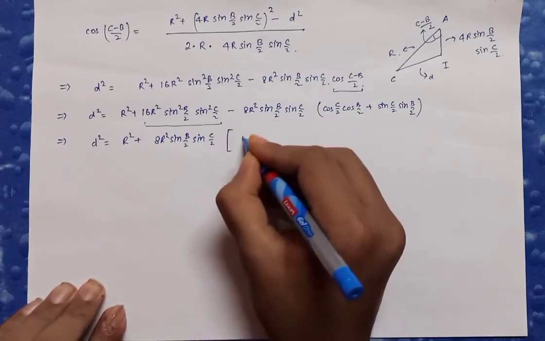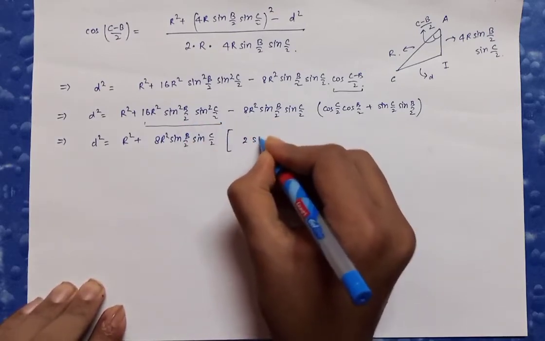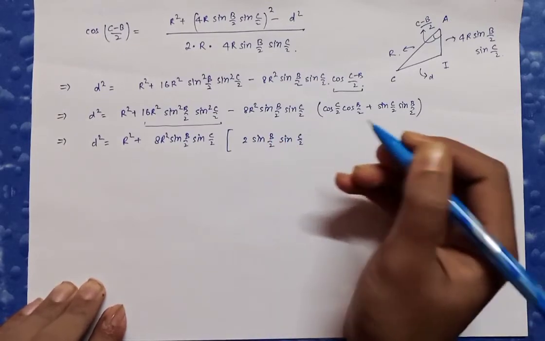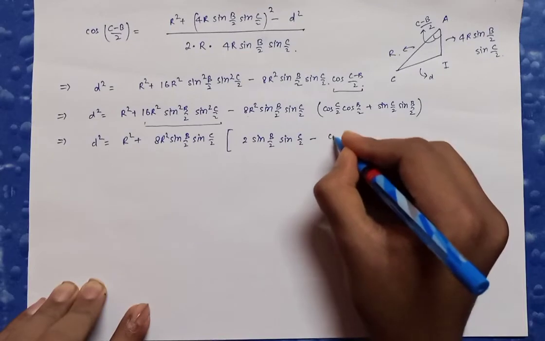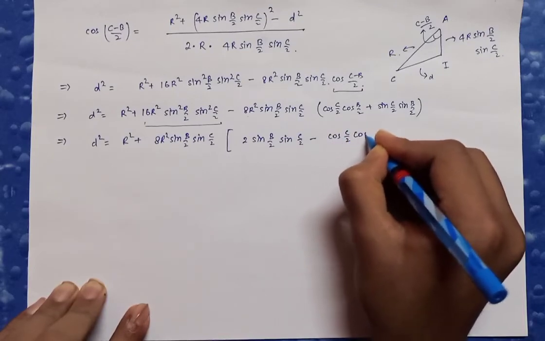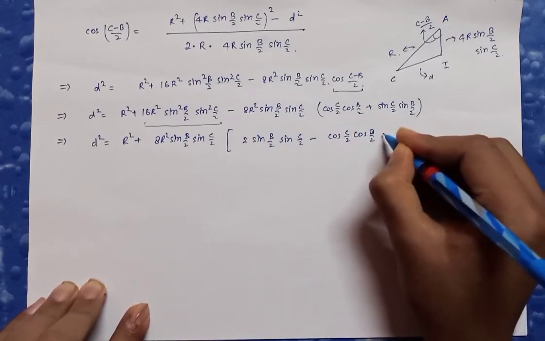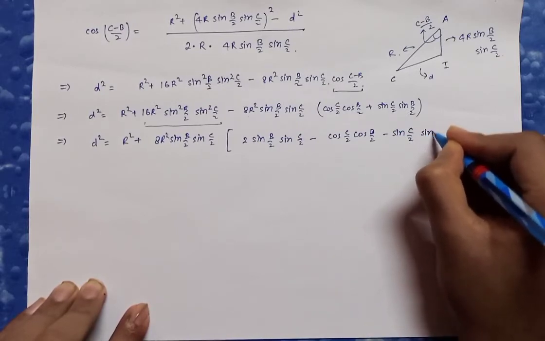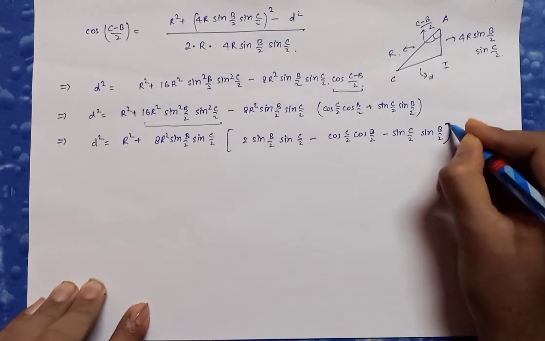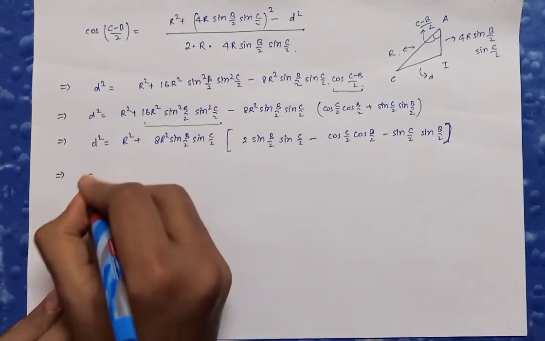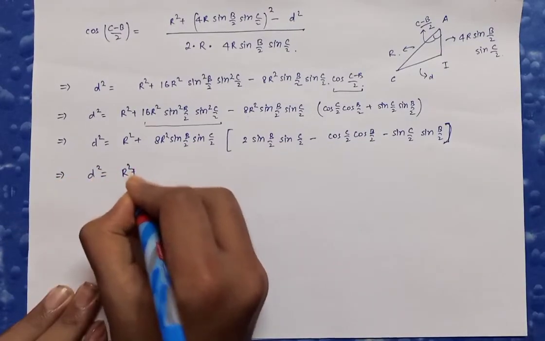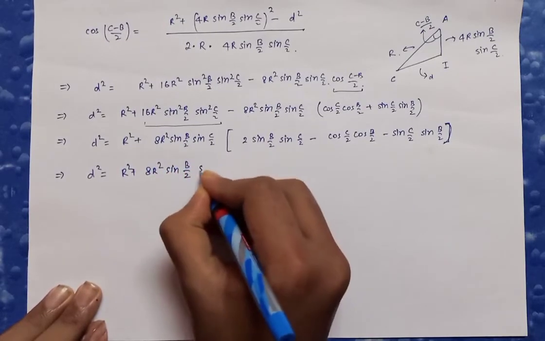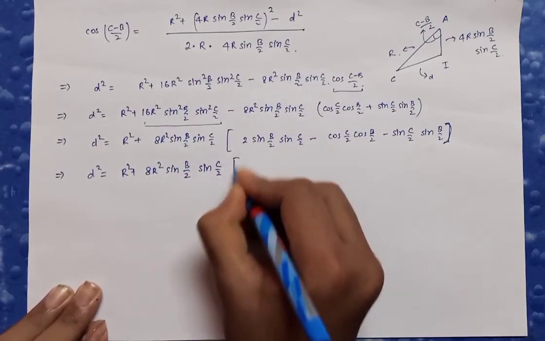Now this is 2 times sin(B/2) sin(C/2) minus cos(C/2) cos(B/2) minus sin(C/2) sin(B/2). Now d² equals R² plus 8R² sin(B/2) sin(C/2).